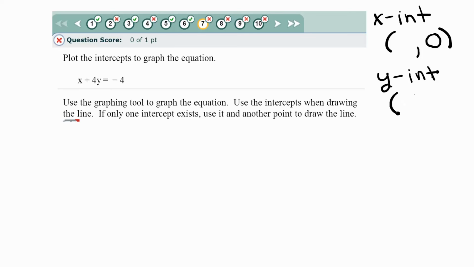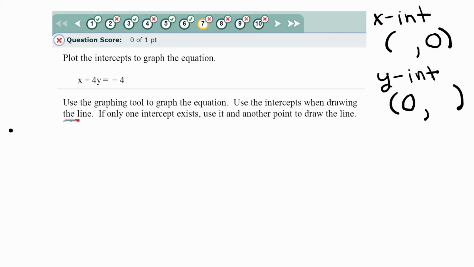The y-intercept is where the line crosses the y-axis, and in that case the value for x is going to be 0. The nice thing about using zeros is they make half of the equation disappear. So if we're going to find 2 points, it's nice to find the intercepts, and that will simplify the equation.